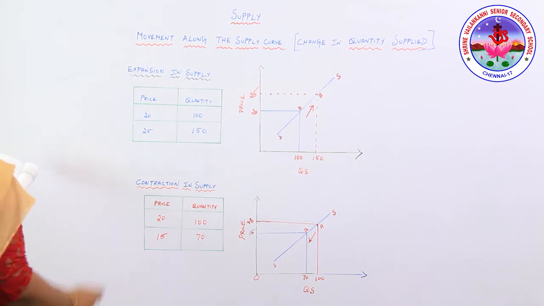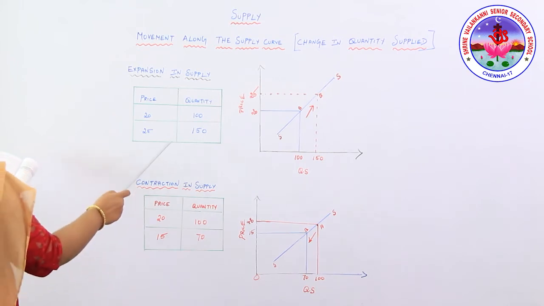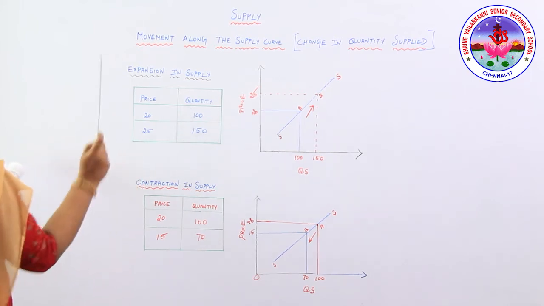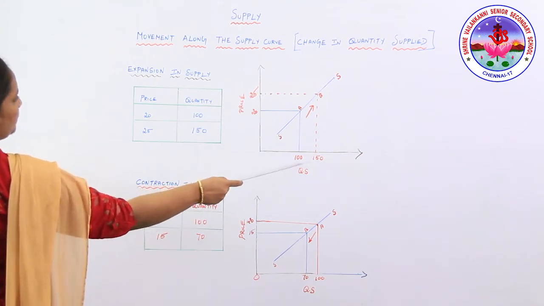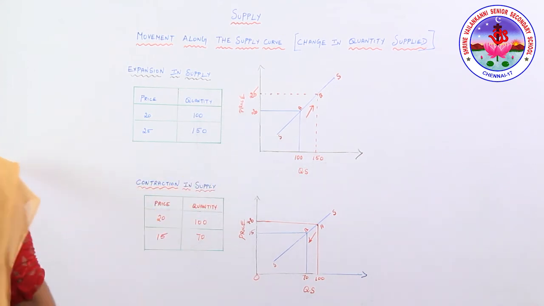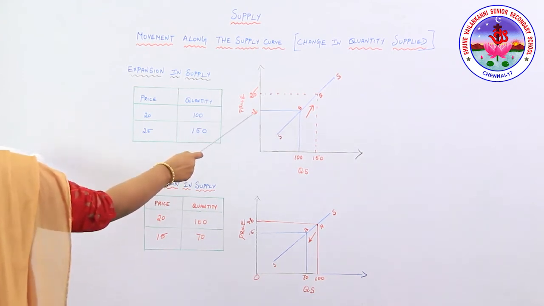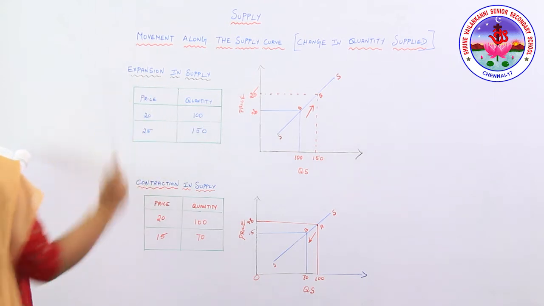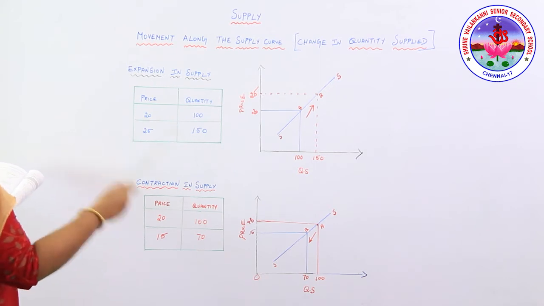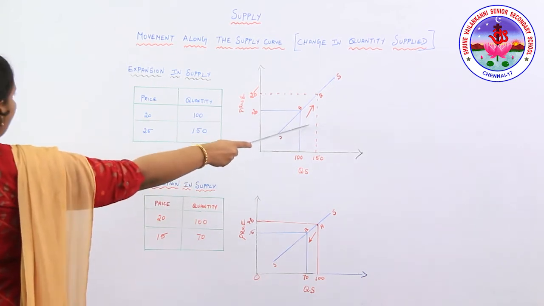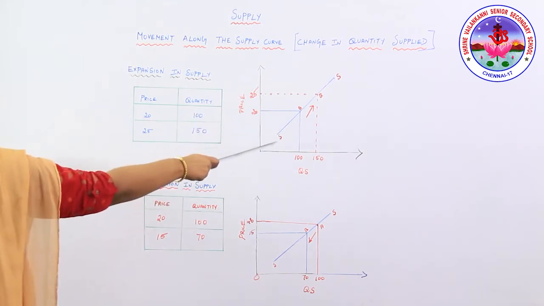So in this schedule as well as in the diagram, quantity supply has increased from 100 units to 150 units with an increase in price from 20 rupees to 25. That will result in the upward movement from A to B along the supply curve.